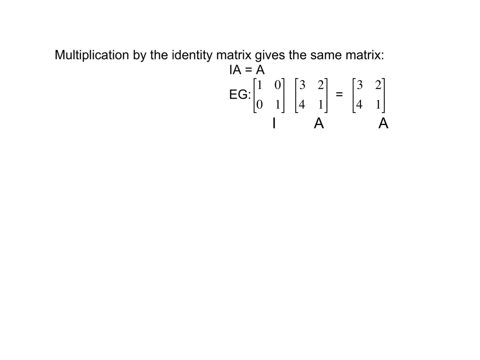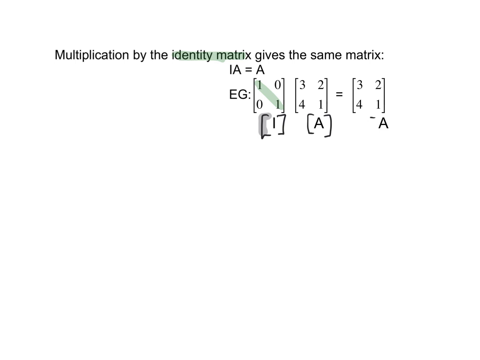So with this one, if you multiply by an identity matrix, remember the identity matrix has the 1s on the leading diagonal and 0 everywhere else. Generally, because the identity is a square, you're going to multiply it by another square matrix.